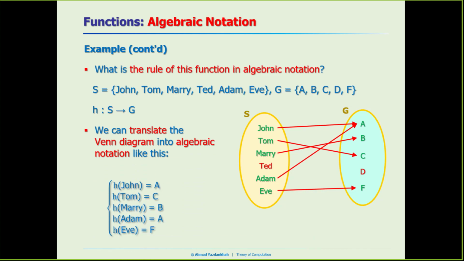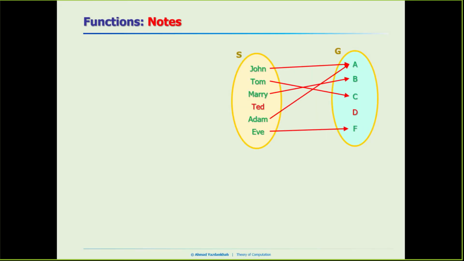Okay, now let me give you some notes about this stuff I said. Let me ask a very important question. What is h of Ted here? Yeah. So when we don't have any value for this, we just say, okay, it is undefined. We cannot say anything about that, right? We should be silent about that.